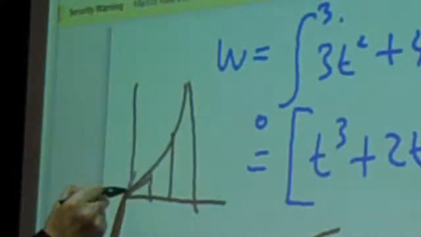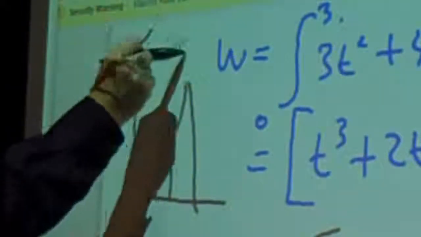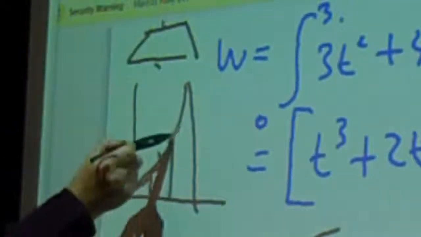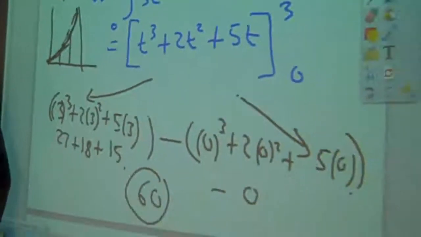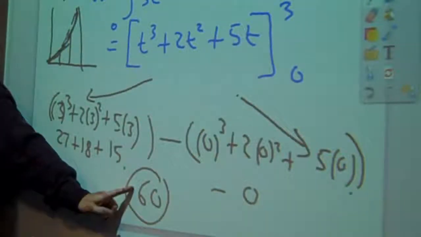Can you see the curvature there? The curvature there gives you a slight error. A trapezium has two parallel sides, and there's a bit of curvature there. So this takes that curvature into account. This gives you the exact answer.